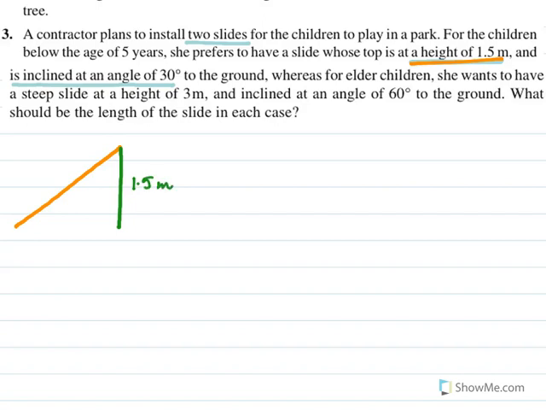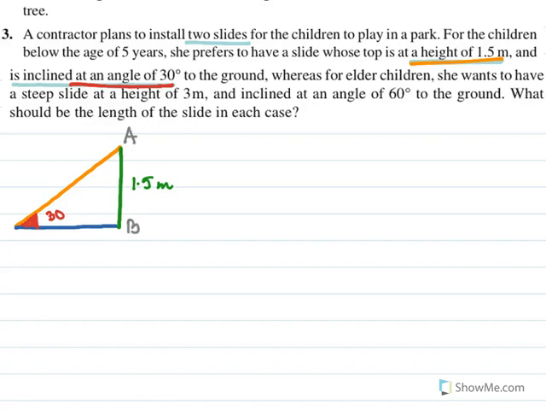And the angle, it is inclined at an angle of 30 degrees. Means if here is the ground, the angle of inclination is 30. So this is the angle that is 30. We need to find the length of the slide.